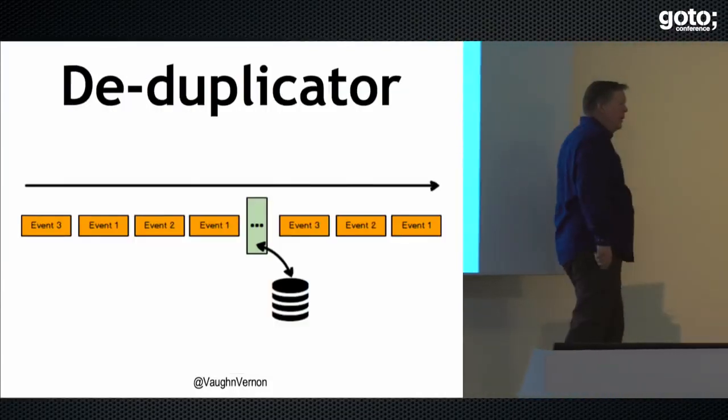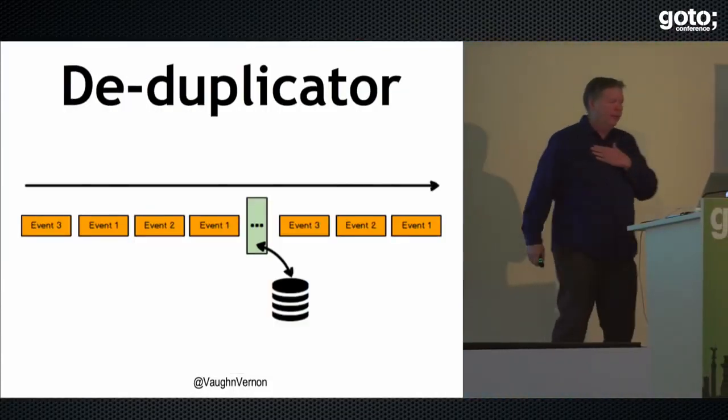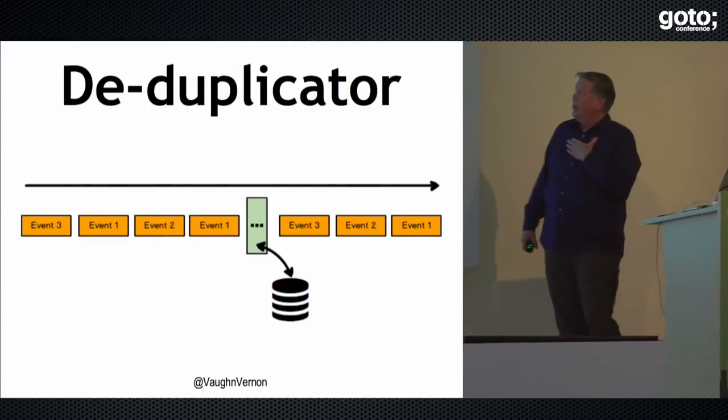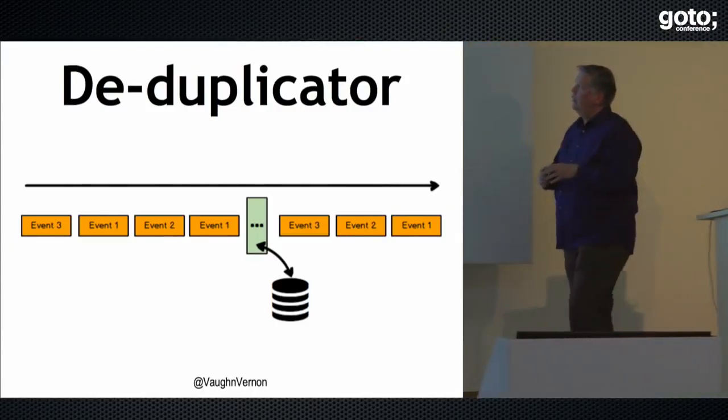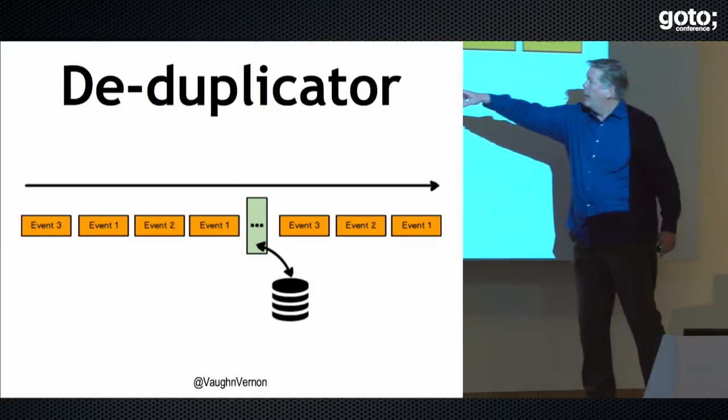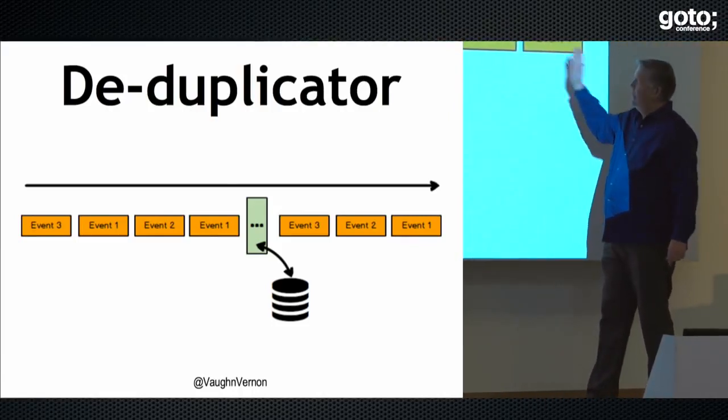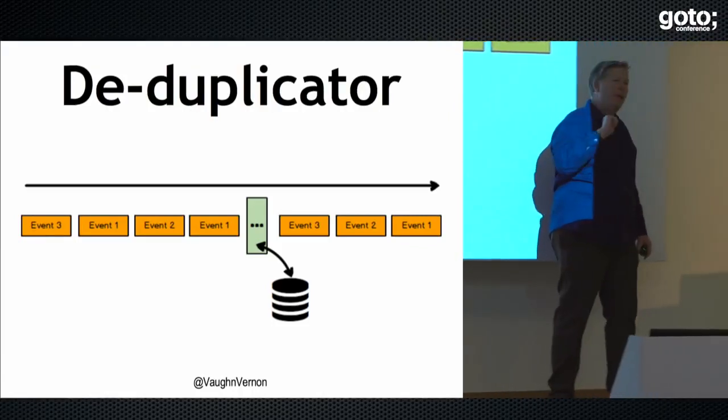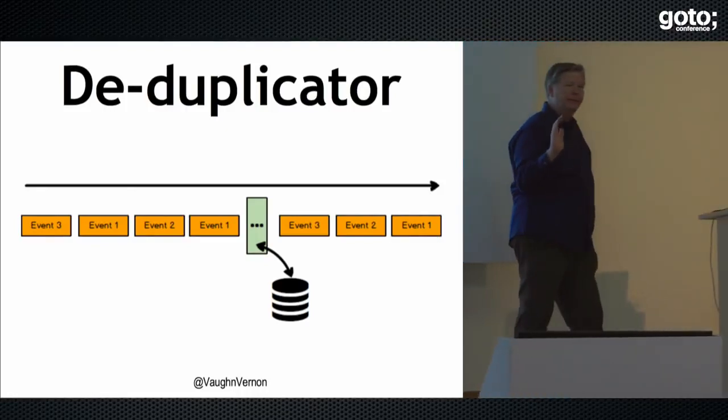And so we build structures like this. We create a de-duplicator so that if we see event 1 coming in again to our bounded context, we make certain that event 1 is only seen once.